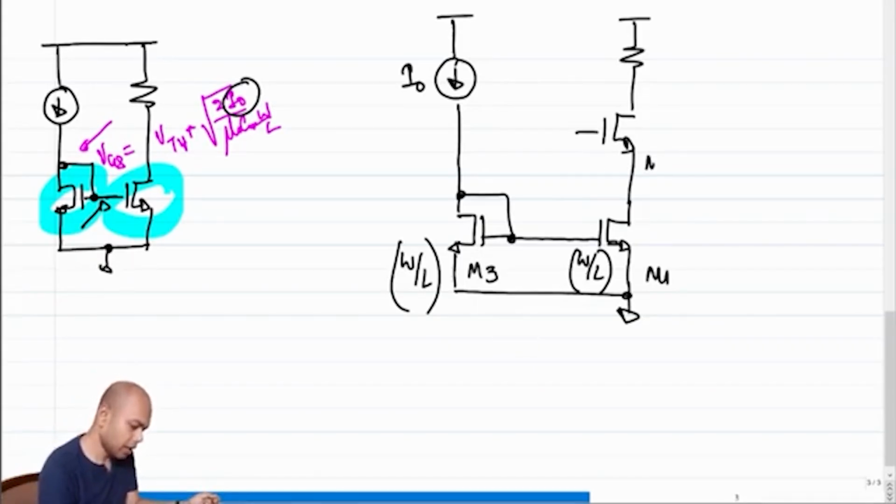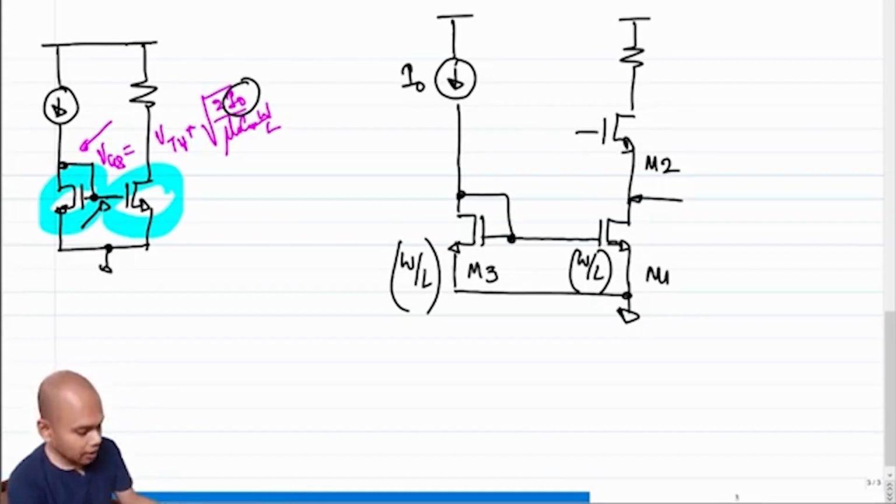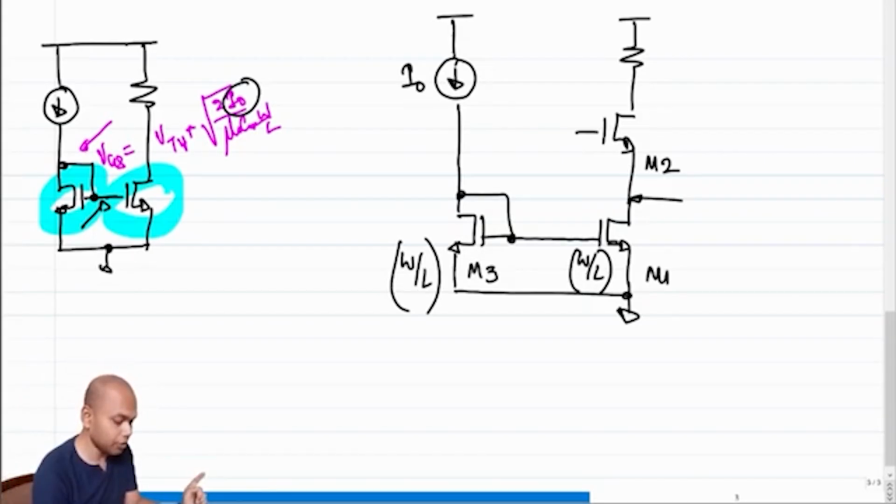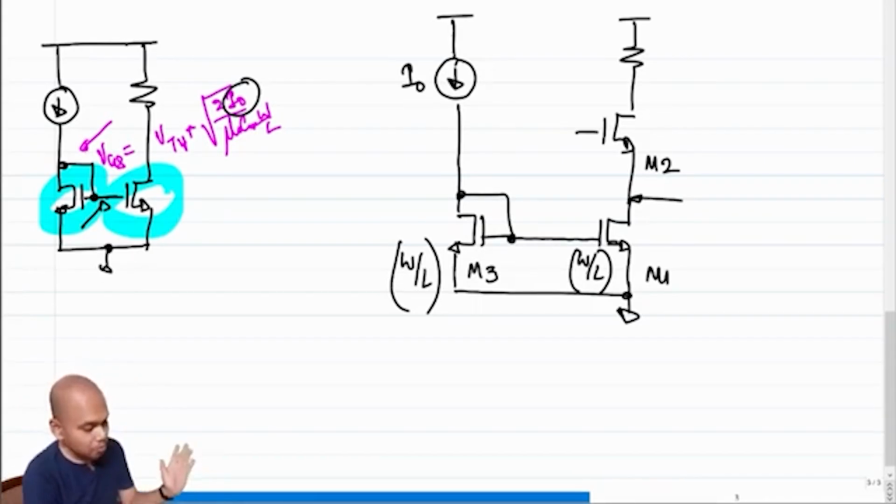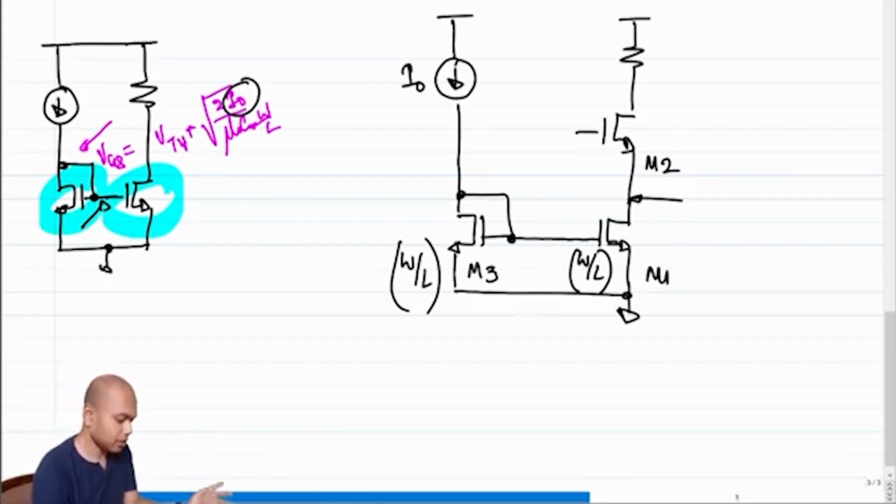So how do we bias M2? How do we bias M2? What is the voltage that we require at the drain of M1 in order to ensure that there is perfect balance of current on both sides, right? So let me repeat what I said.